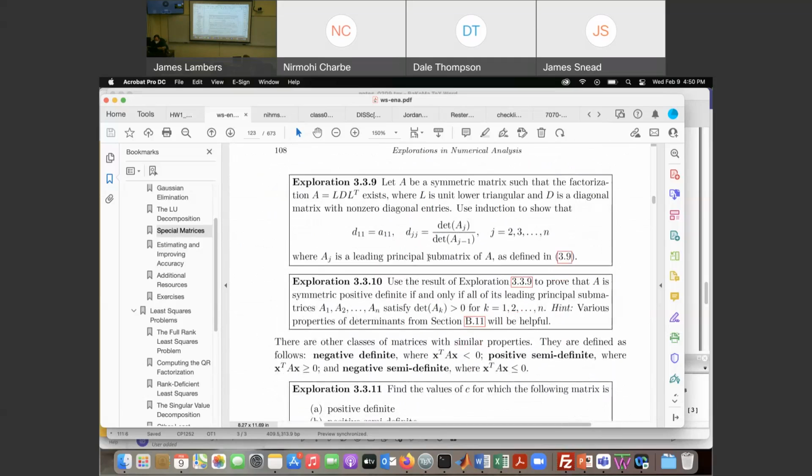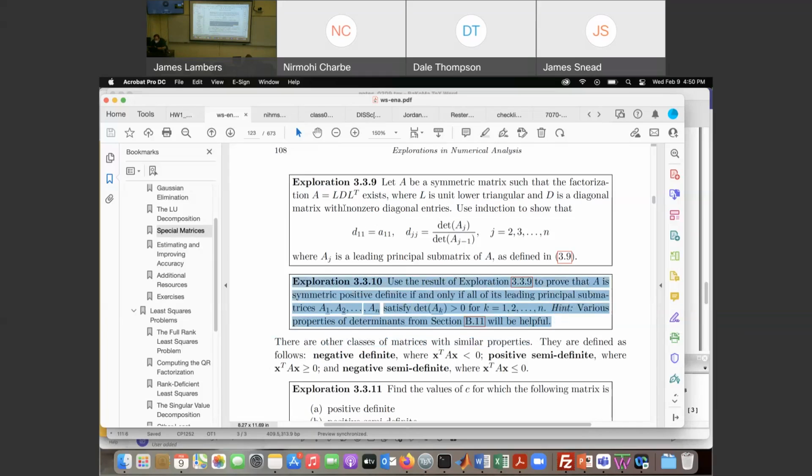I want to point this out. This is from a problem that I did not assign. There's a very interesting property of the LDLT factorization: each diagonal entry in the D matrix from the LDLT factorization is a ratio of principal minors of A. And that can be used to prove, as actually carried out in this problem, again, one I did not assign, that a matrix is SPD if and only if all of the principal minors are strictly positive.